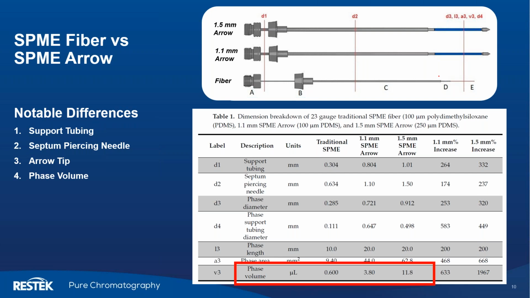If we look at the phase volume differences in microliters, we get a little over 6 times greater phase volume on an arrow with the same film thickness of coating compared to a traditional fiber. So it offers you much better sensitivity.